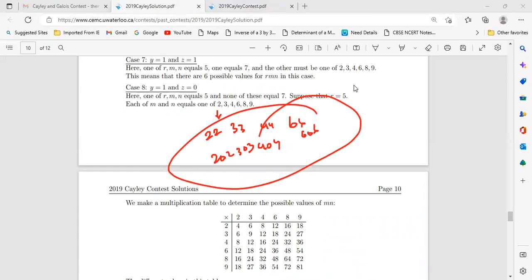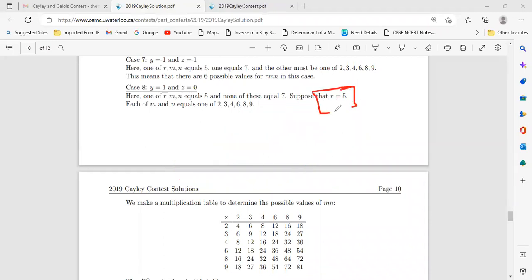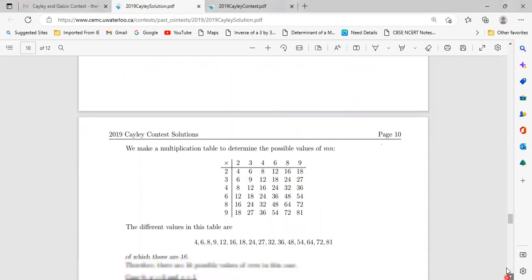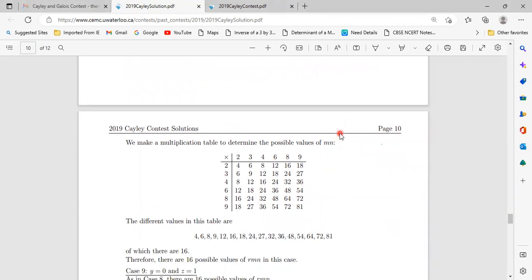Do you understand this part? If you choose R from the set A and these factors from set S and set T.